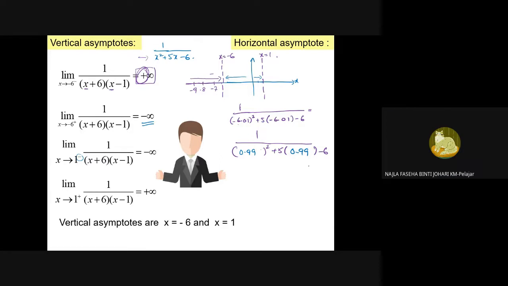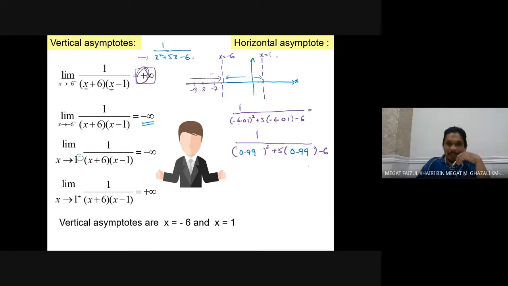Negative 14.3. If I add another 9 here, then it becomes negative 142.87 and so on. So it's a big negative number here. Then we come up with a sign of negative infinity.